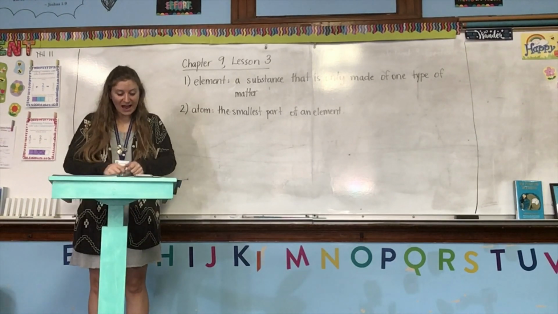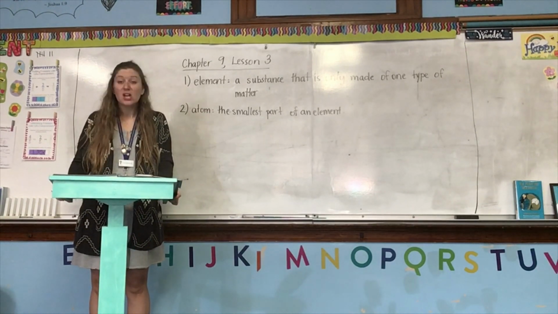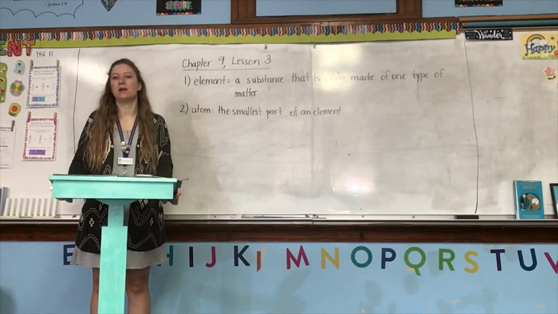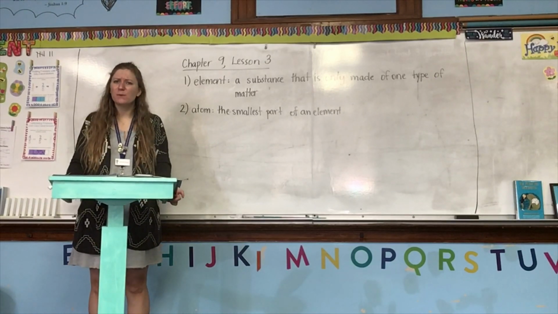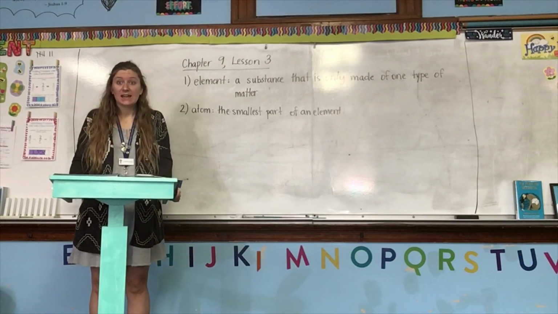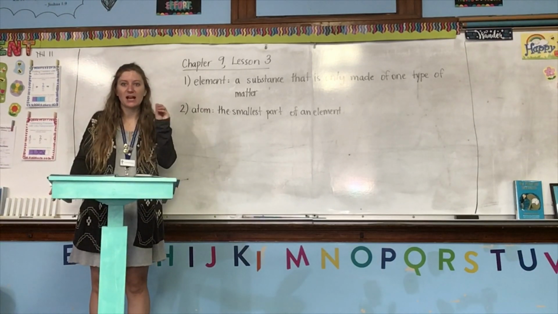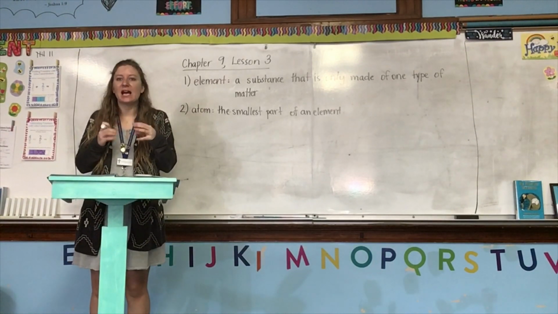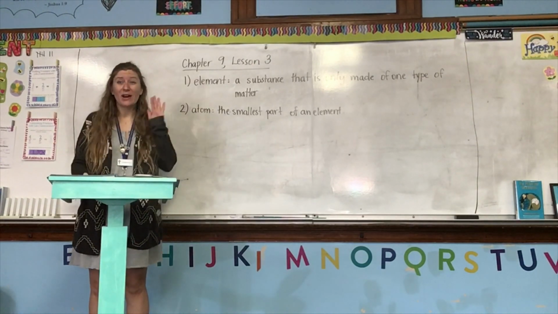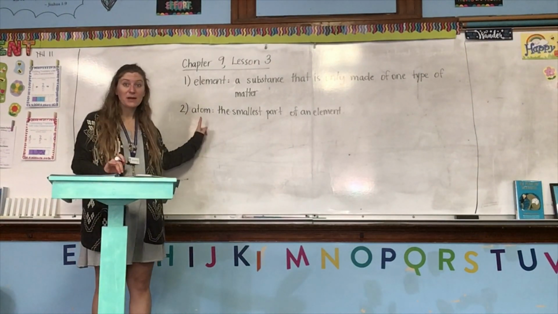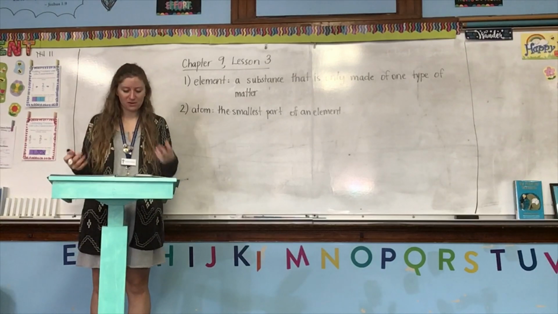You can think of atoms as tiny particles, so tiny that you can't see them. I think we've talked about molecules before, or if you've ever seen the episode of The Magic School Bus that's all about molecules, you'll see that they have to get really, really tiny to be able to see those molecules. Atoms are even tinier because atoms are what make up those molecules.